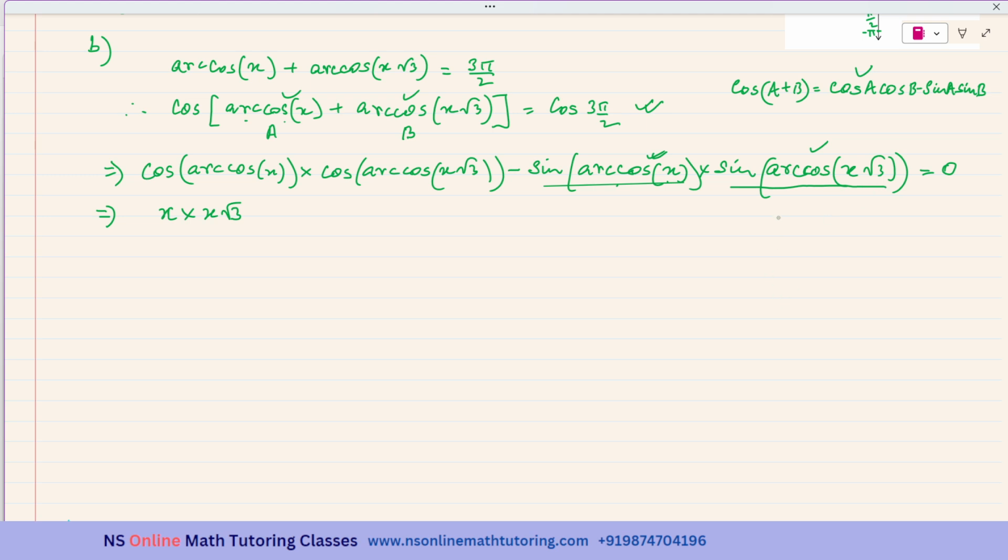So, let me draw a rough column. Arccos of x. Suppose you have, say, cos of pi over 3. What is this equal to? This is equal to half.